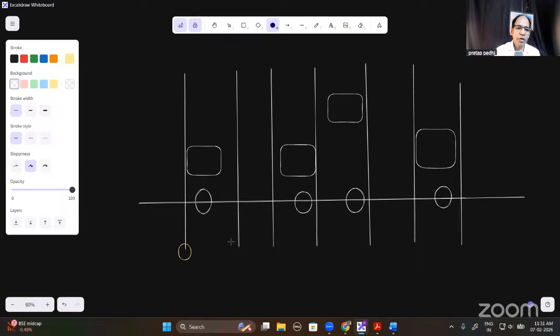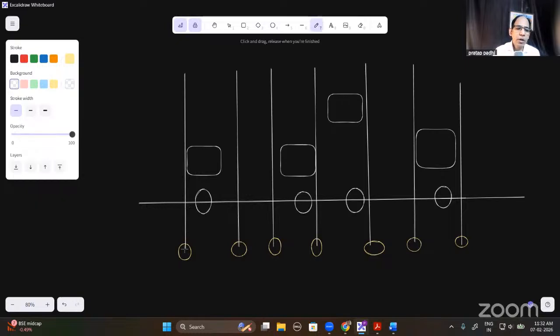The difference is, suppose we wrote before this way, this is 0, this is 1, this is 2, this is 3, this is 4, this is 5, this is 6, that way. This is a time when the state is changing.